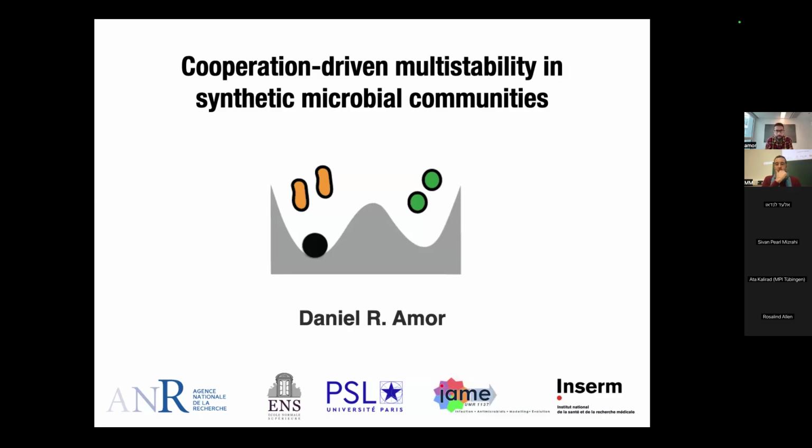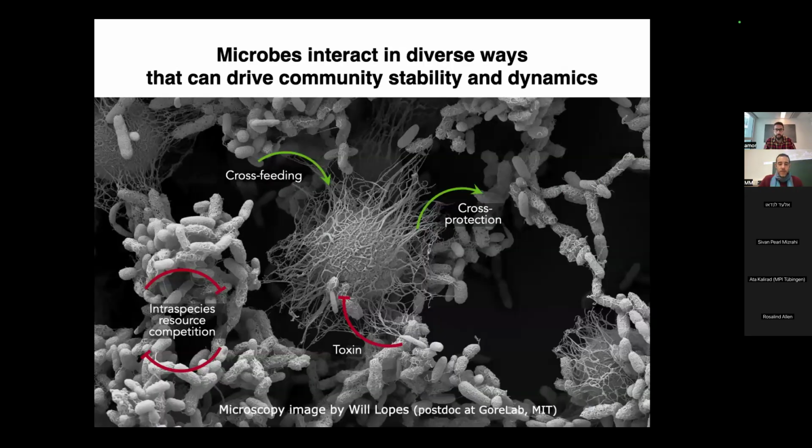I'm going to be talking about the ecology of microbial communities. As you know well, in microbial communities, there are typically many different kinds of microbes that interact in different ways. Some of them can be cross-feeding, meaning that the secretions of some microbes are used by other microbes to sustain growth.